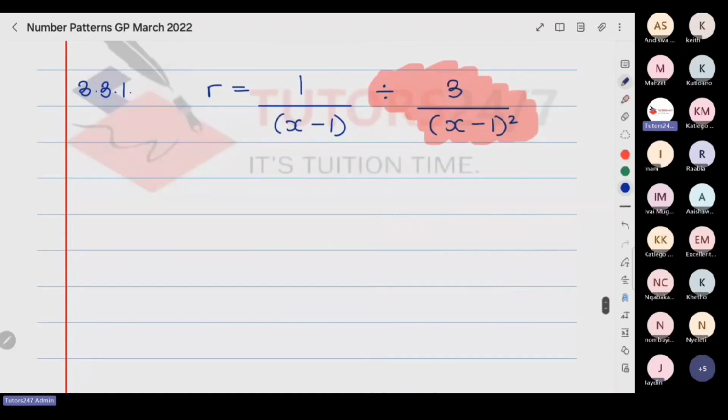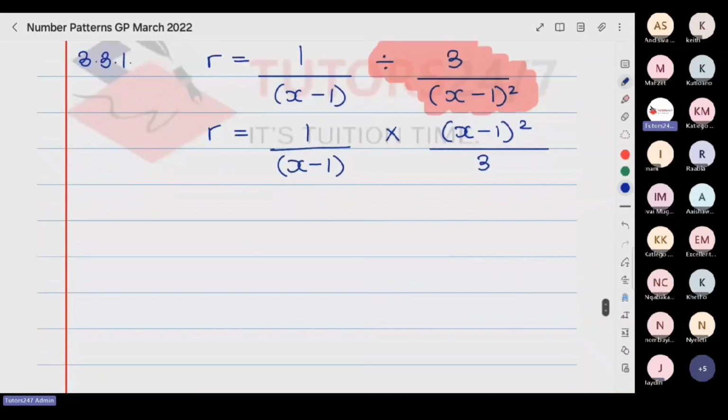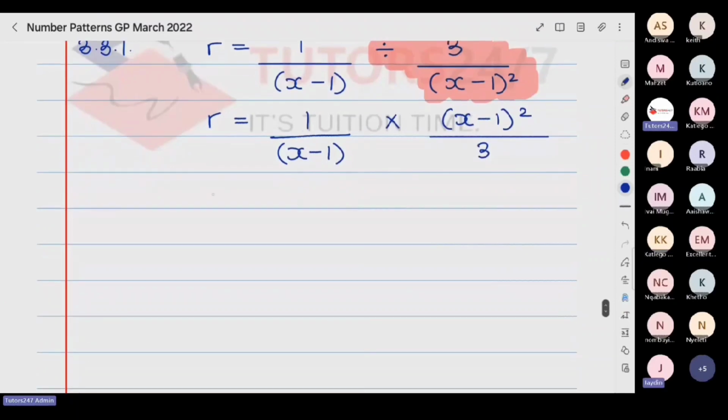That is going to give us R equals 1/(x minus 1) times (x minus 1) squared over 3. From here, you can see that x minus 1 will go into x minus 1 twice. So our constant ratio is therefore going to be (x minus 1) all over 3.